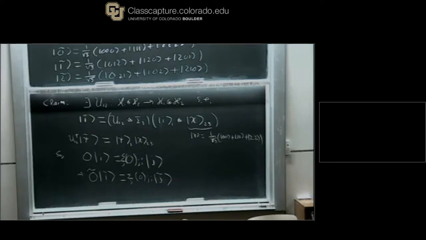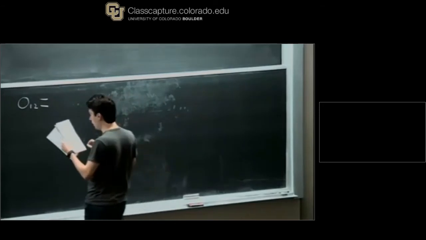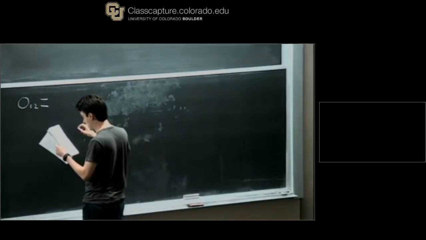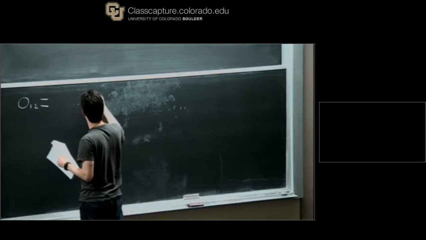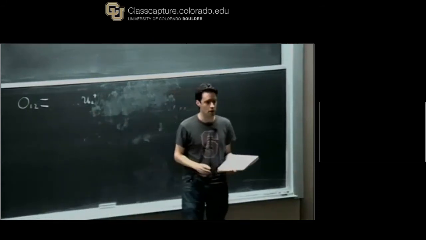So the reason is because we can just define something clever. So I can define, for example, an operator O12 in the following way. I act with U12 dagger to decode the code subspace.